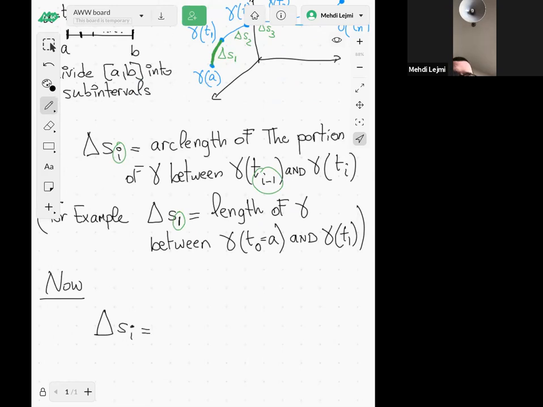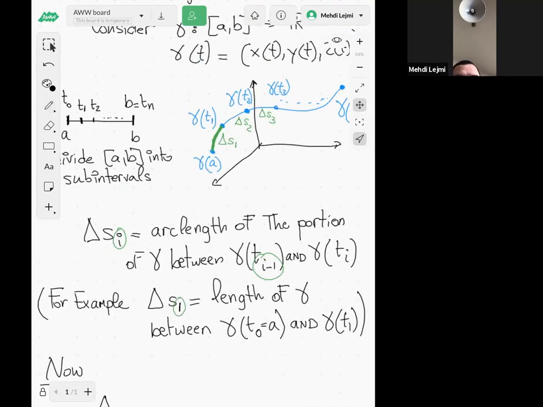The thing, guys, is that the portion between gamma of A and gamma of t1 is not a straight line. It's a curve. So how do we compute the length of this portion between, let's say, gamma of A and gamma of t1?